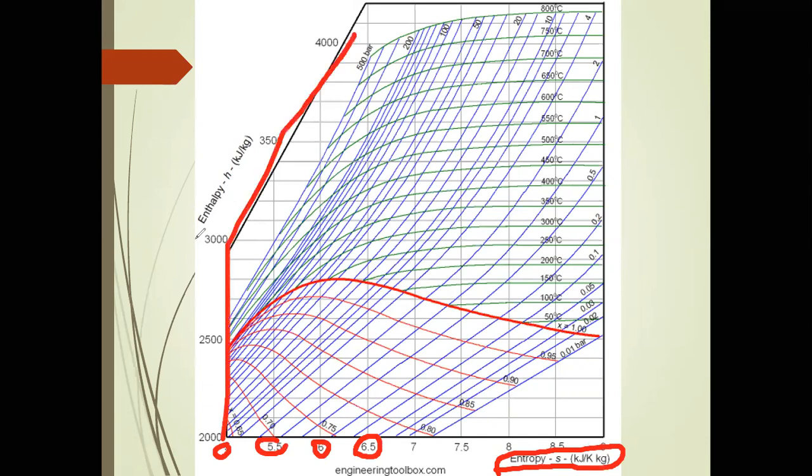You can see the enthalpy H in kilojoules per kg, and the values start from 2000, then 2500, 3000, and up to 4000, 4500, something like that.